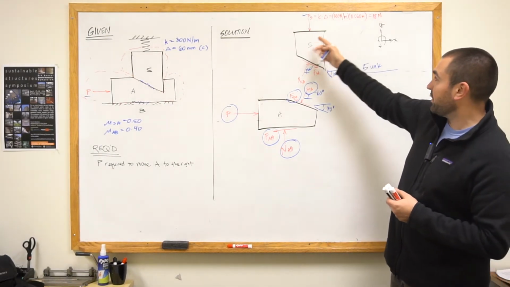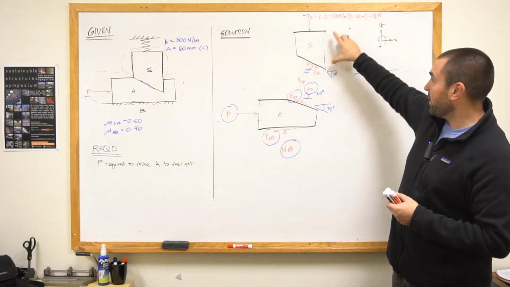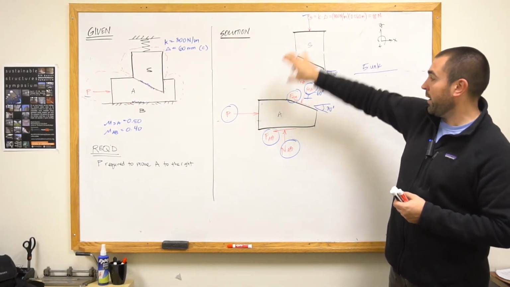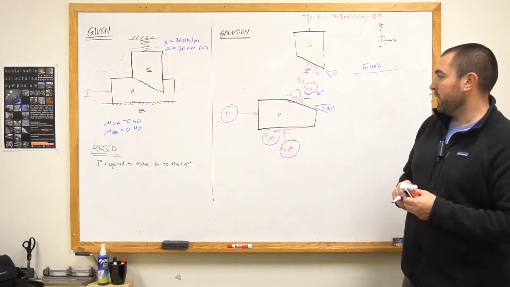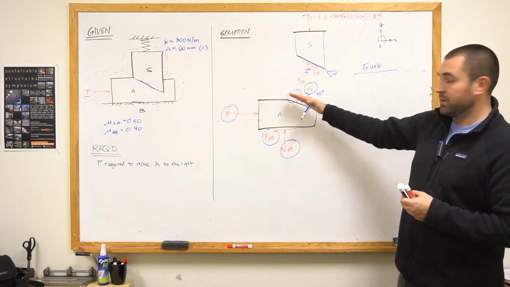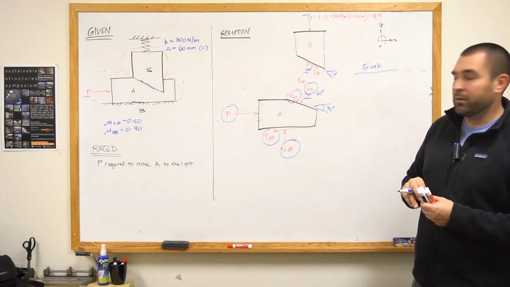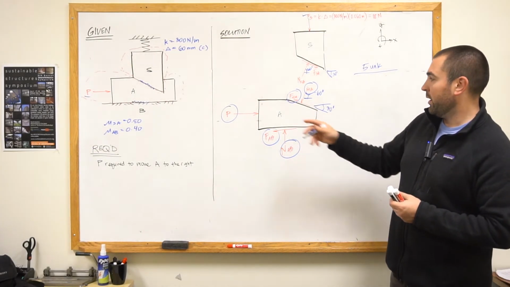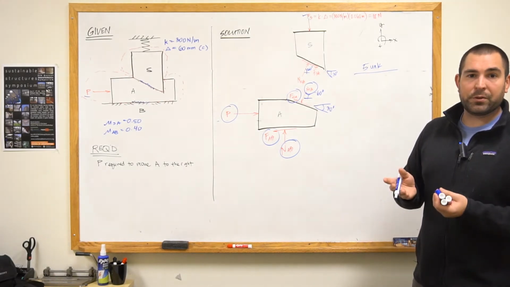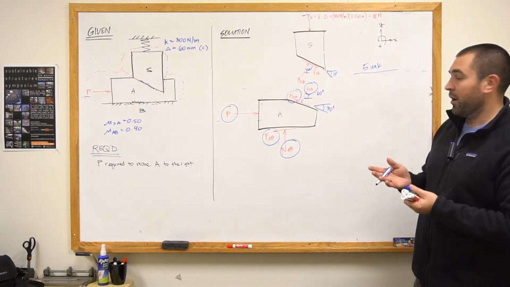So if you'll notice, we didn't have any information about the height or the width or any of the lengths on these members. All that we're given is just the angle. So you can almost think of this as like a method of joints type problem where we're not given enough information to make the summation of the moments a non-trivial solution.